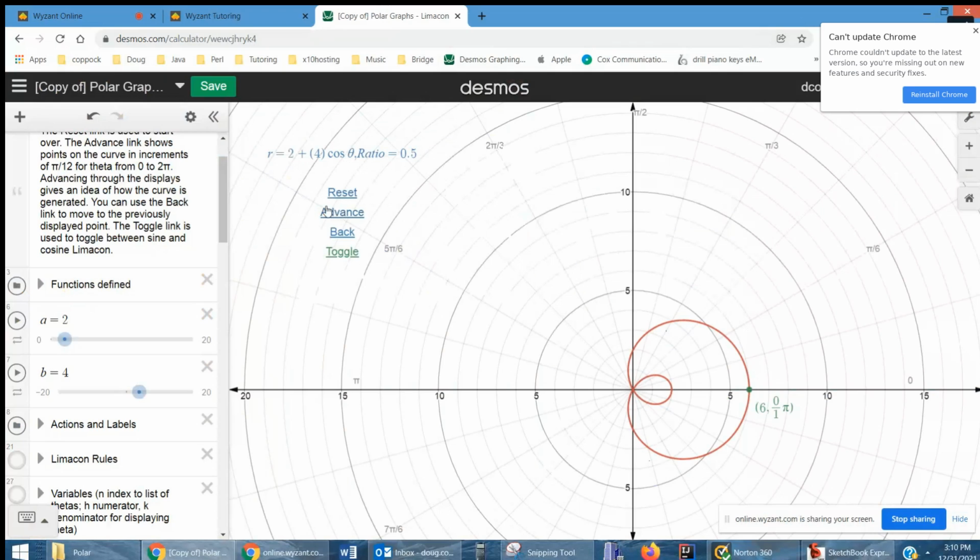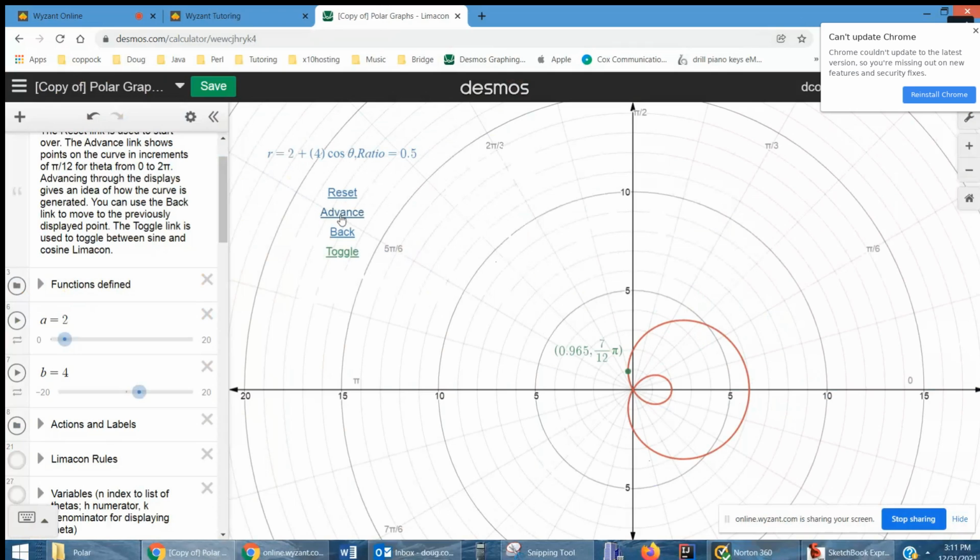There's when theta is 0, r is 6. Now as we advance towards pi over 2, we should get to a value of 2. Let's see if that happens. There I am at pi over 6, pi over 4, pi over 3, and there I am at pi over 2, and r has a value of 2.